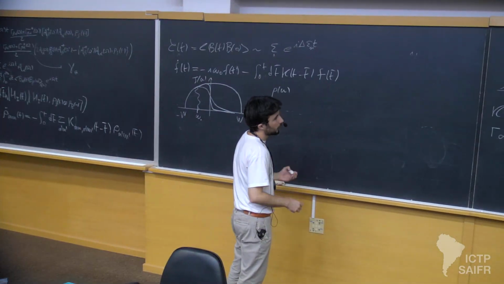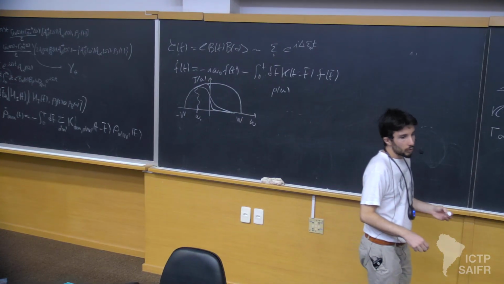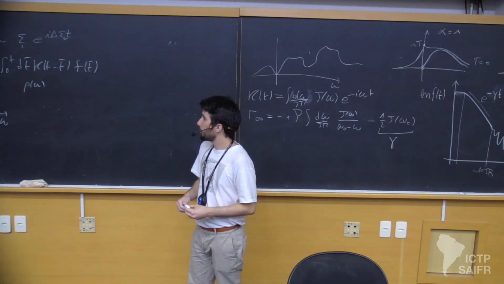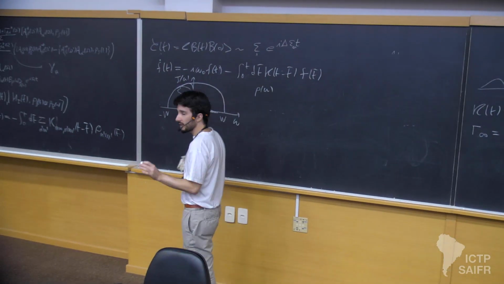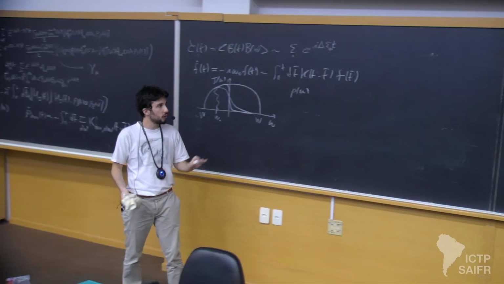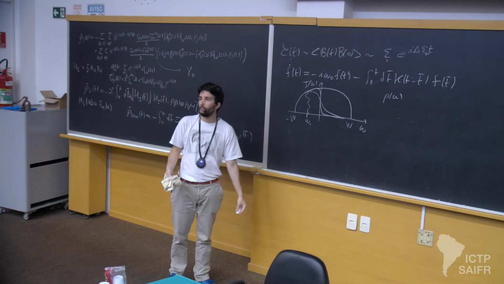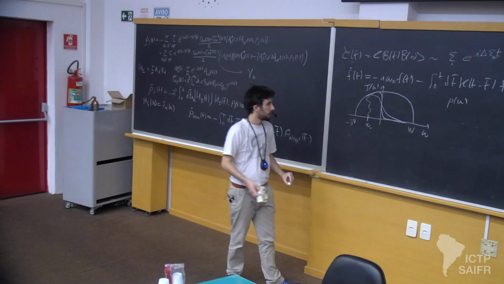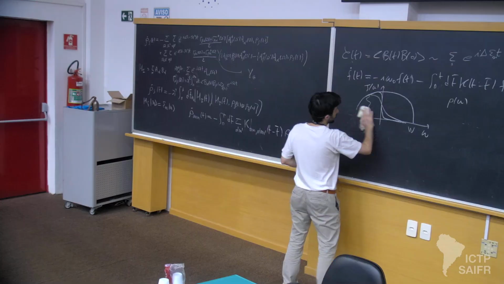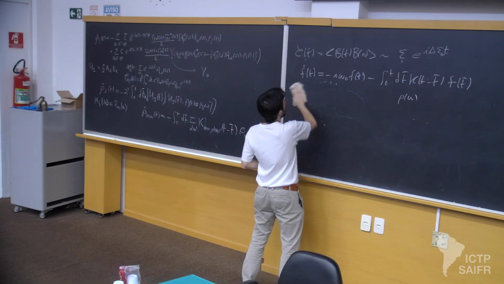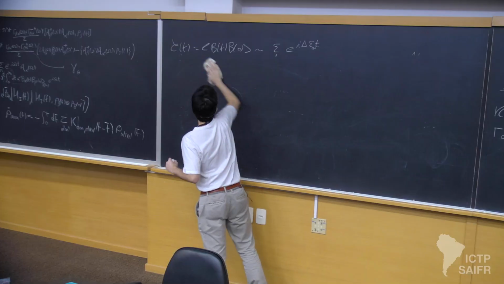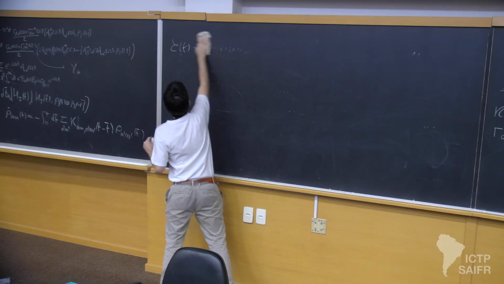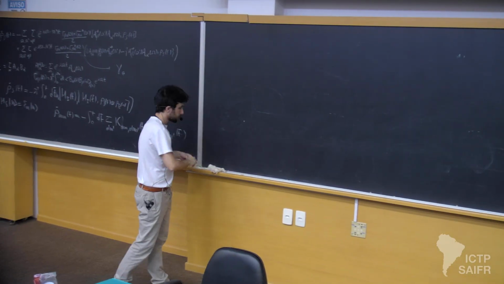Now I'm going to give you a couple of physical examples in which you can see how the Markov approximation fails more or less miserably. And it's all a game of computing spectral densities.